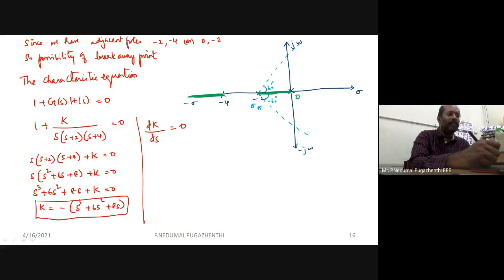If I take this equation and find dK/ds, dK/ds is equal to minus of 3s squared plus 12s plus 8 equal to 0.